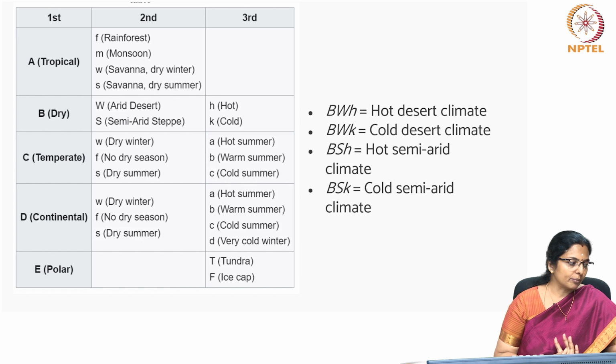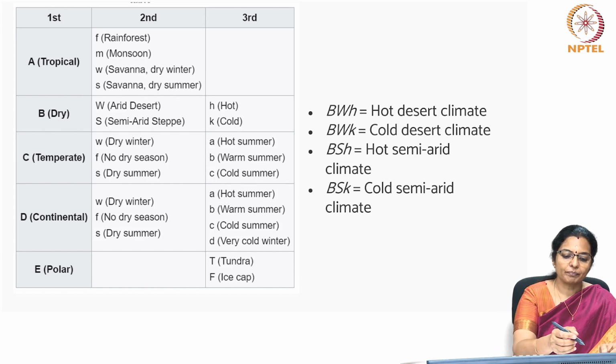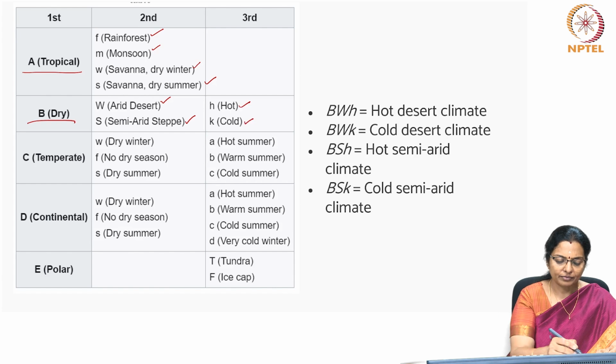Thus, you can see that you have A as tropical, which is classified as F rainforest, M monsoon, W savanna dry winter, S savanna dry summer. B dry, which comprises W arid, S semi-steppe, H hot, K cold.